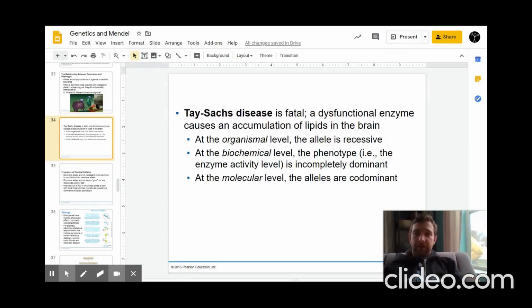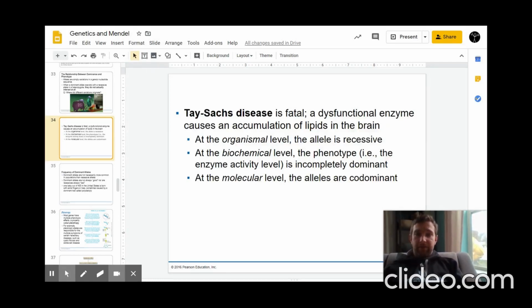At the organismal level, if you have a recessive allele, it's not making the protein that it needs to be able to degrade lipids, and those lipids build up, and you end up having a recessive phenotype.